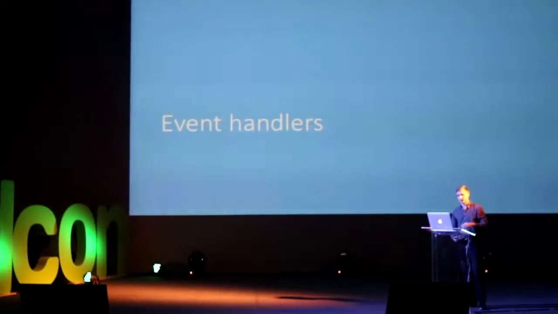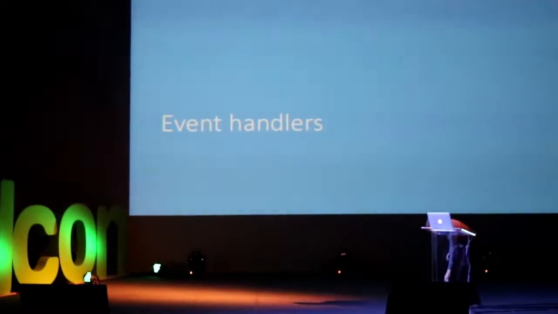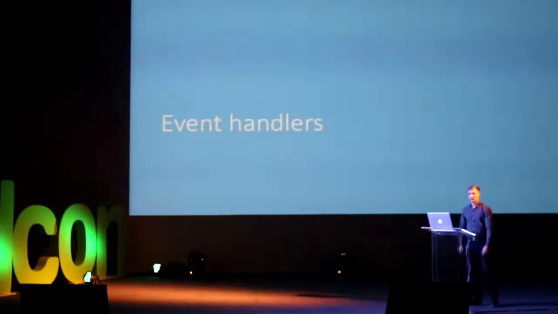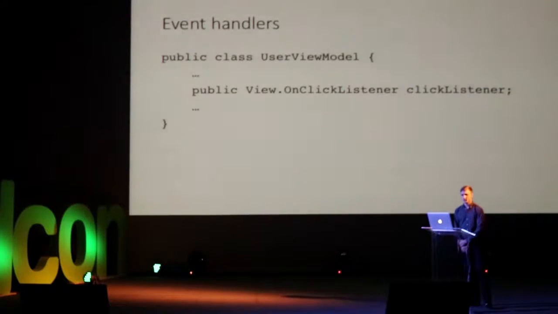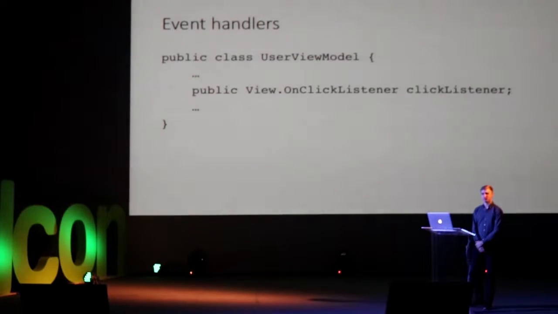Another thing that's important is how you can handle events. One way to go about it is to define an OnClickListener in your view model. I use view model in the examples a lot, but it could also be a presenter or whatever; it's up to you really.